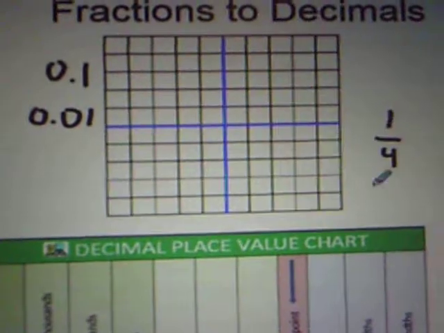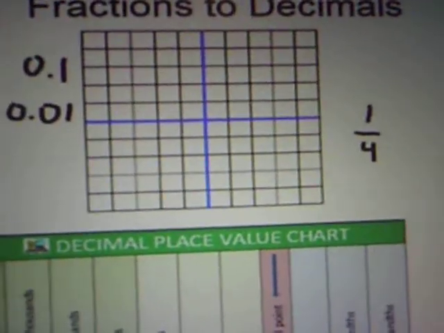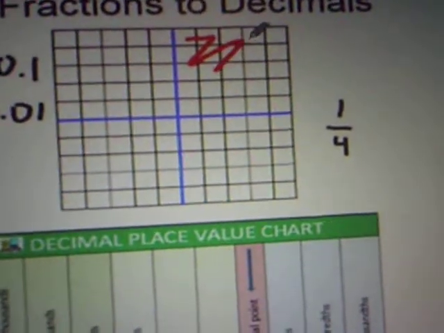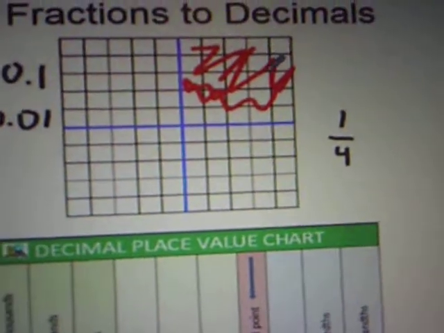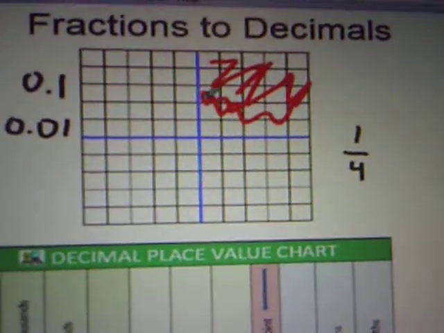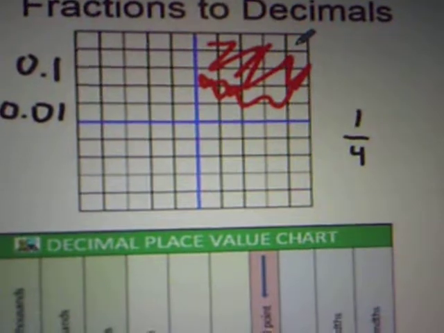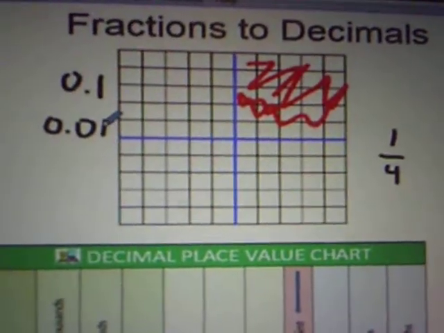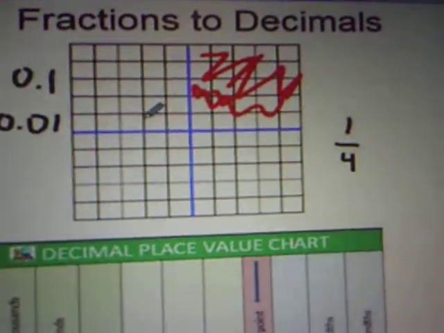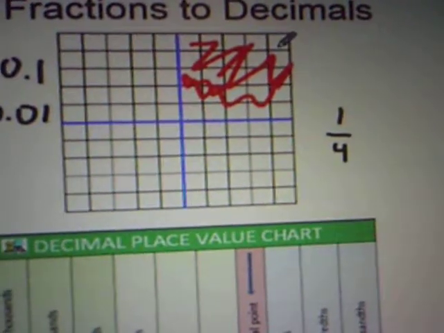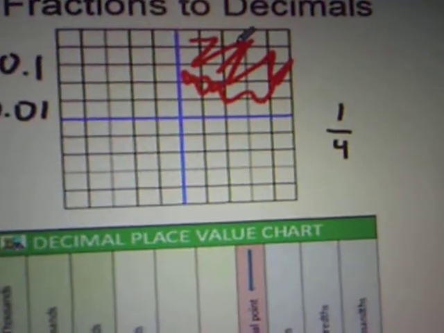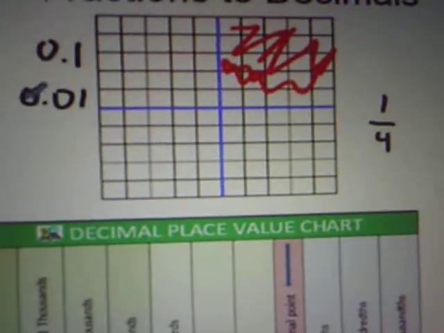If we shade in 1/4, 1/4 represents one whole quadrant here, 1/4 of the square. And then what we simply have to do is count the little squares, thinking of each little square as a penny or 100th. So if we count each square, you'll count that there are 25 little squares in here. 25 of these, 25 hundredths.